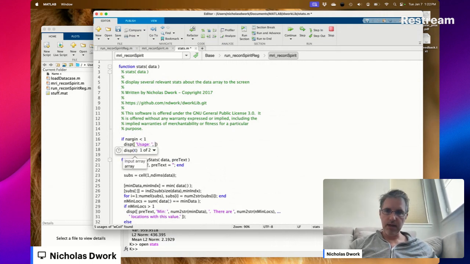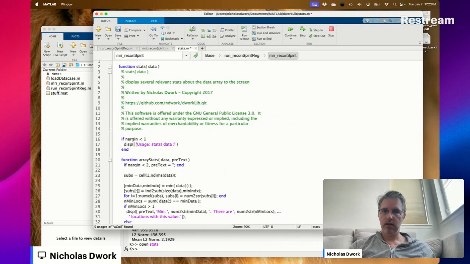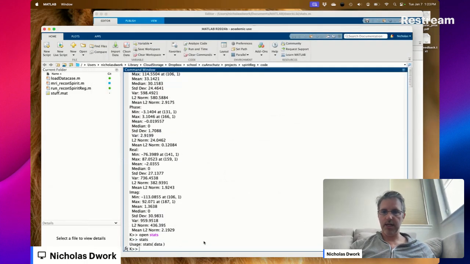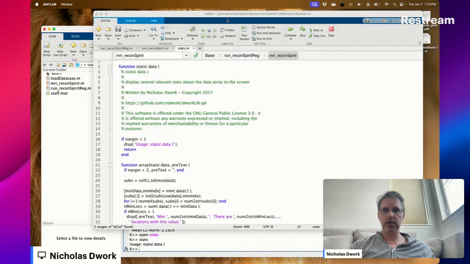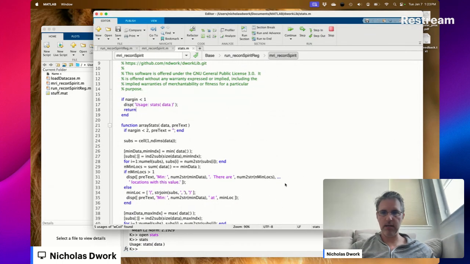I like to clean up as I go along. So now if I just do stats, it tells me the usage, great. So a minor code cleanup.